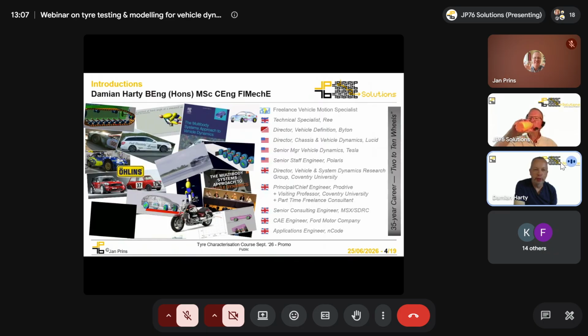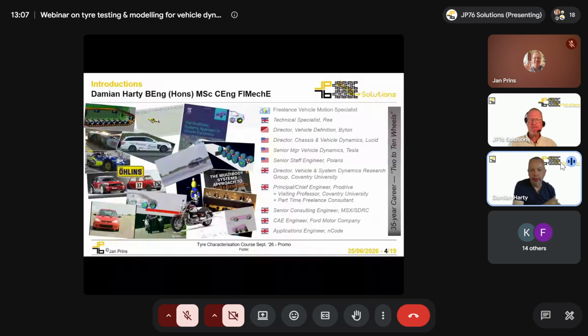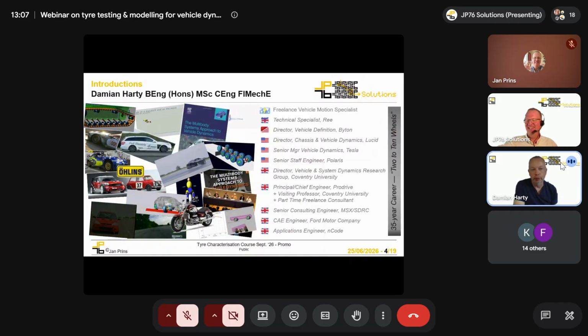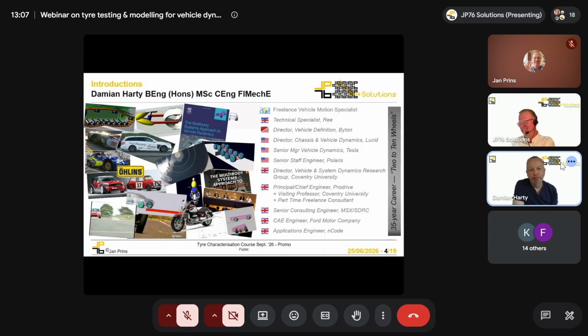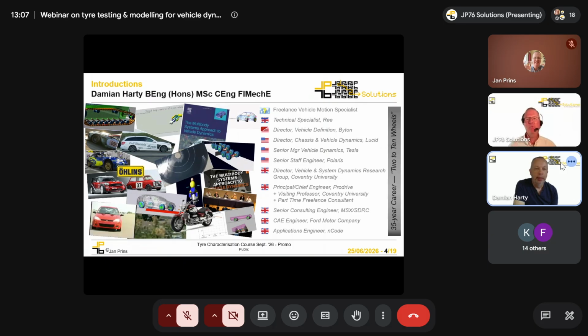So I've never done anything with unicycles, and I've never done anything with very big articulated commercial vehicles. So I've done rigid commercial vehicles, which always seems like an ironic title given how flexible they are, but nevertheless. But also quite a lot of work with motorcycles and a little bit with tracked vehicles as well.